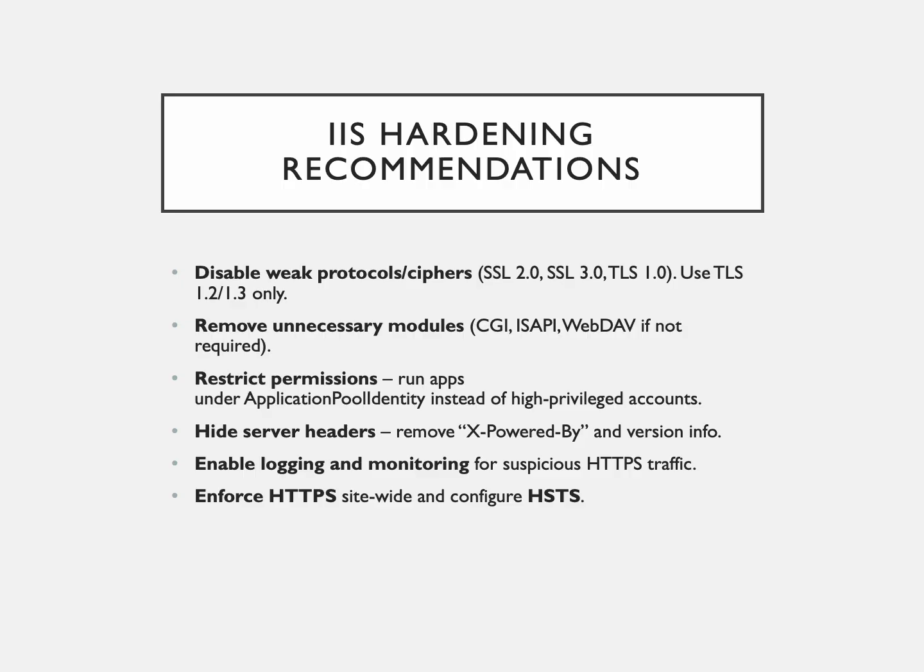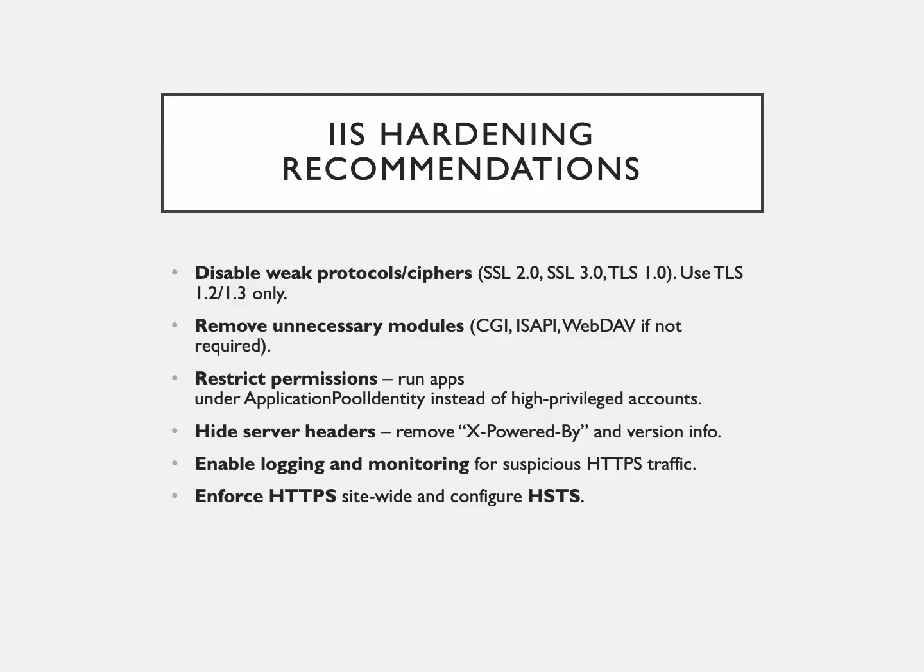And some hardening recommendations for this. First one would be to disable any of the weak protocols and ciphers like SSL 2.0, SSL 3.0, and TLS 1.0. Only allow TLS 1.2 or 1.3. Second would be to remove any of the unnecessary modules like CGI, ISAPI, or WebDAV if it's not required. Thirdly, would be to restrict any of the permissions.